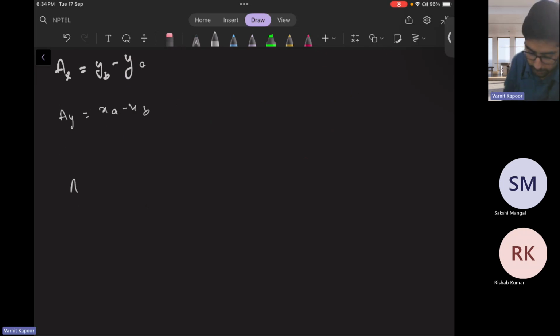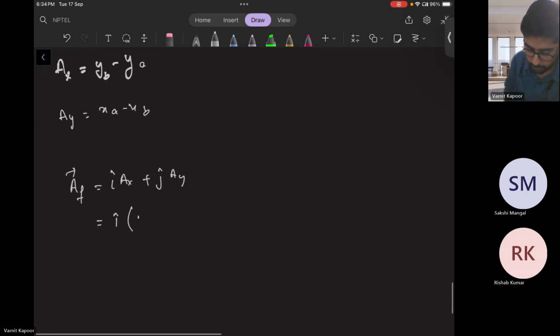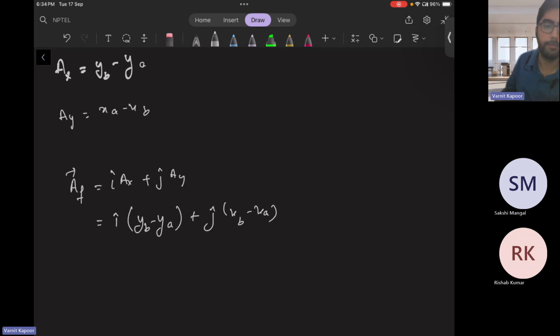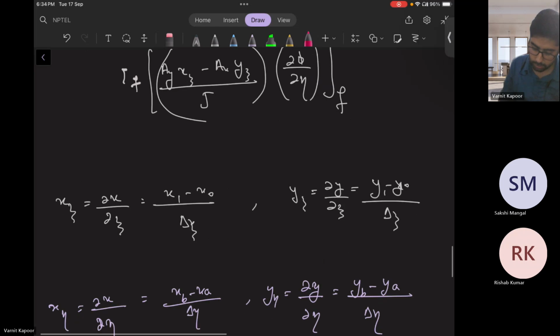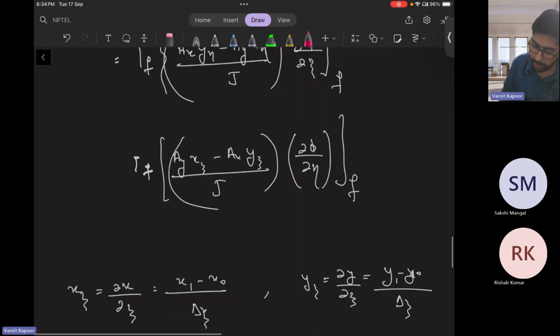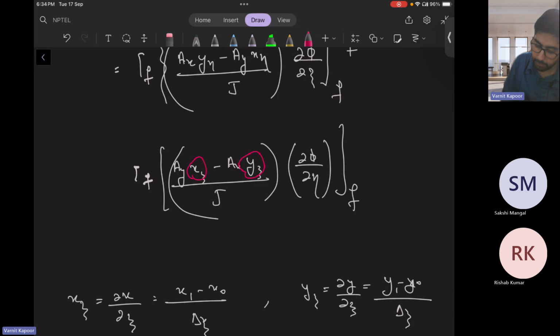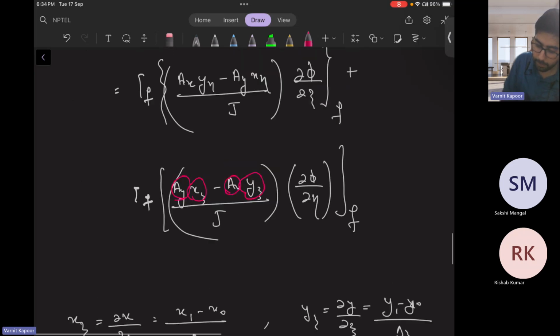Now the area vector was written as i hat AX plus j hat AY. So i hat AX is YB minus YA plus j hat times XB minus XA. So you got AF, which has AX and AY. You got all these terms, X zeta, Y zeta, as well as AY, AX, and Y eta, X eta. All these terms you have gotten.